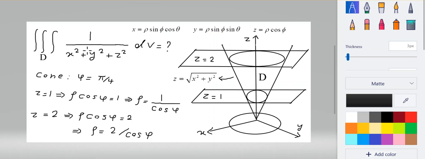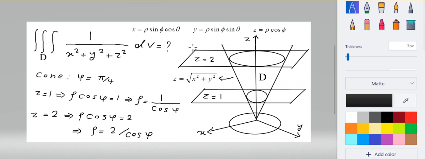To calculate this triple integral on region D, we are going to use a spherical coordinate system for our substitution. You can see this is x, this is y, this is z. So of course when you are using a spherical coordinate system, it means you have to describe the region D using rho phi theta.